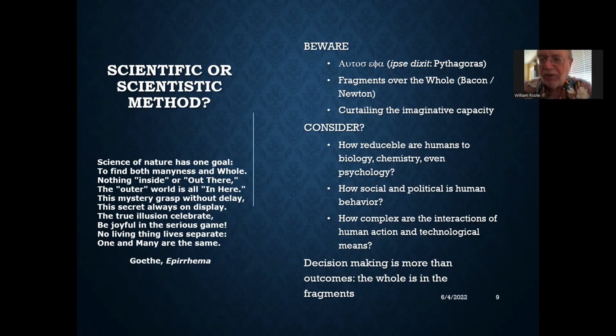And each of the fragments has some aspect of the whole in it. And here we have the whole organization. And actually, the whole organization is embedded in a much larger, we often call it an ecosystem, of all sorts of stakeholders and decisions.